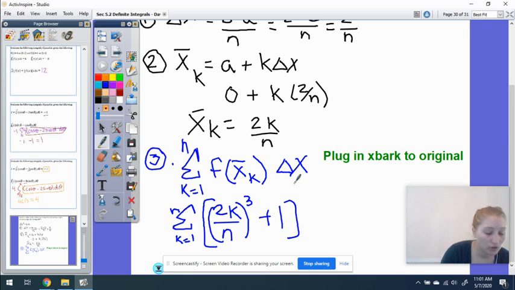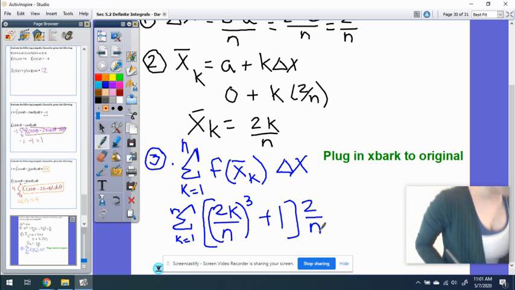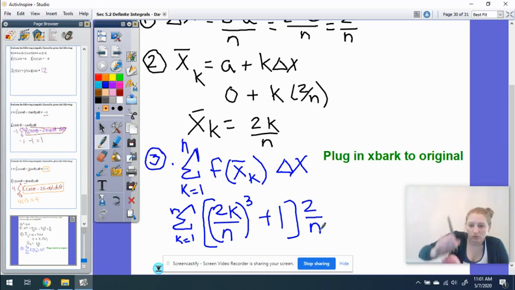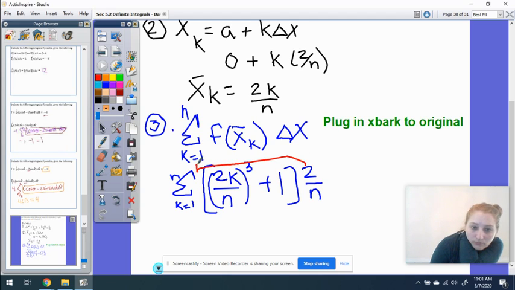And then we need our change in x, which is 2 over n. So first, n is a number, right? So that means 2 over n is a constant. What can I do with constants in my summation? I can bring it to the front. Okay, so then we're going to say 2 over n.